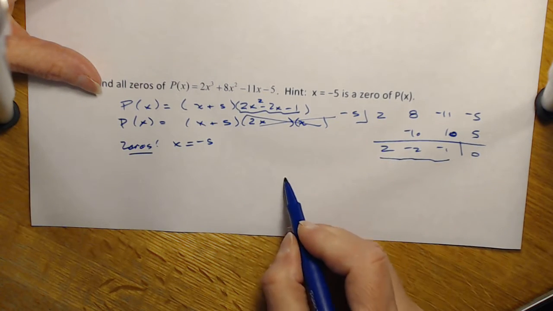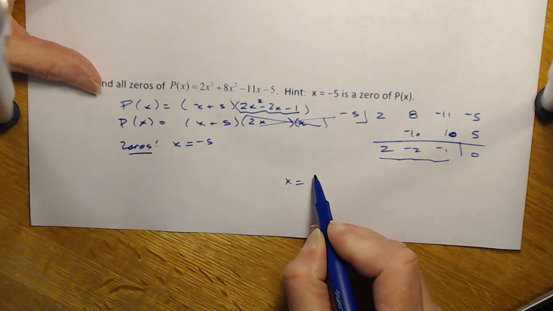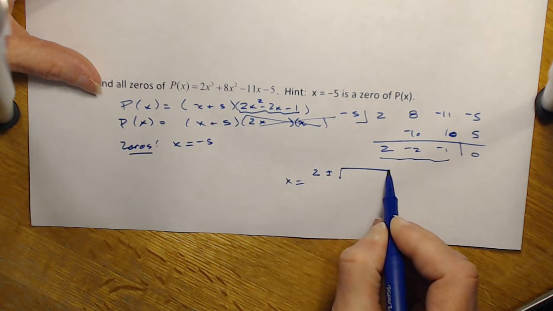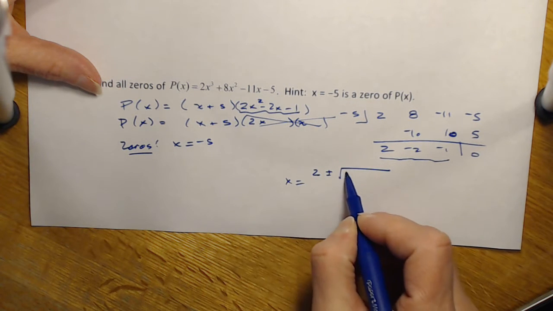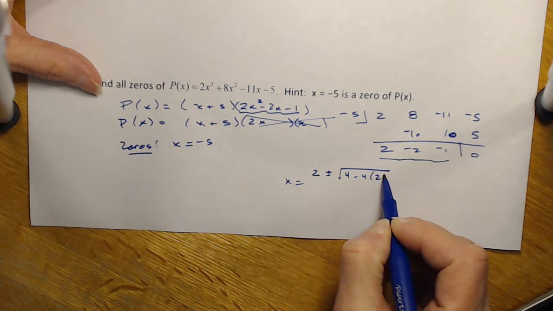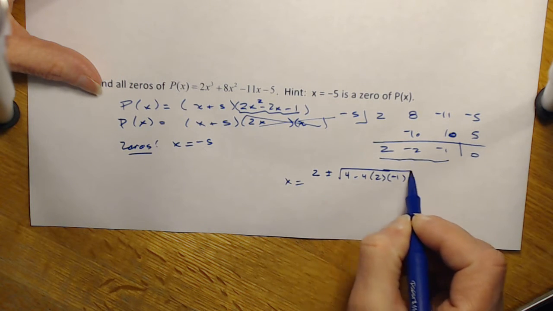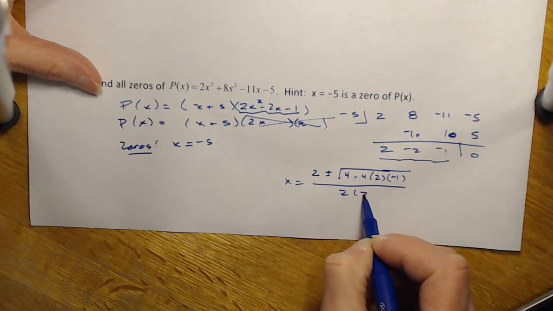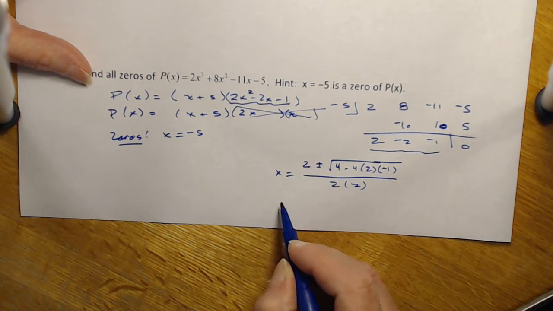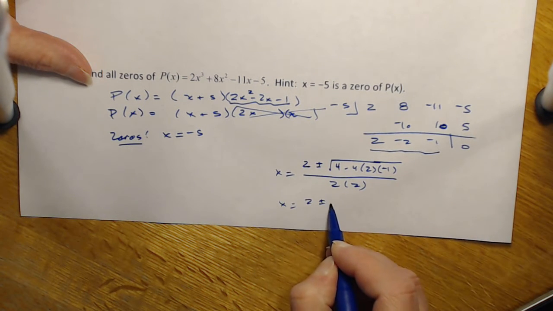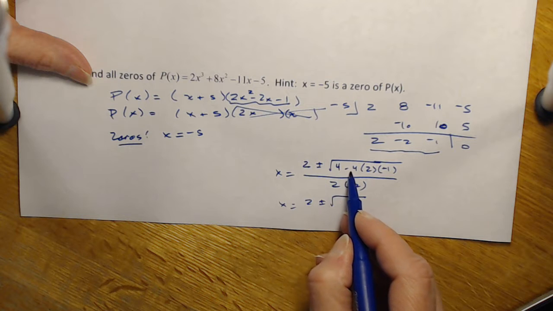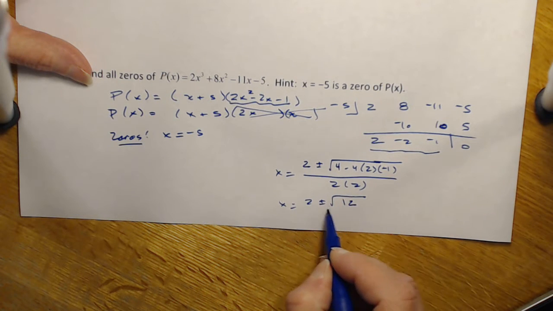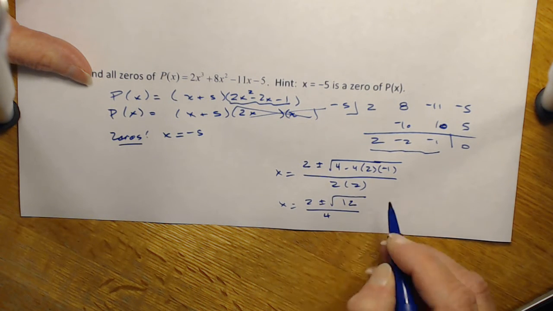So remember, that's the opposite of b, which is positive 2, plus or minus square root. B squared is 4, minus 4, your a is 2, your c is negative 1, all over 2a. So this is 2 plus or minus the square root of 4 plus 8, which is 12, over 4.